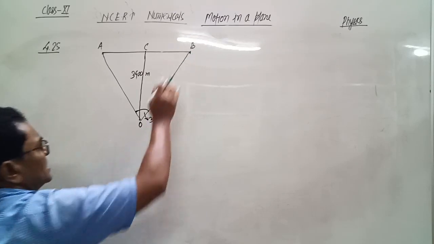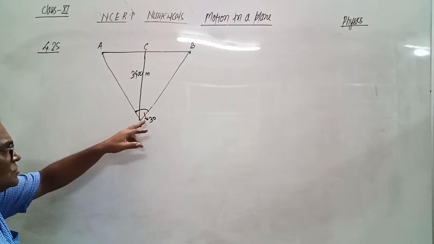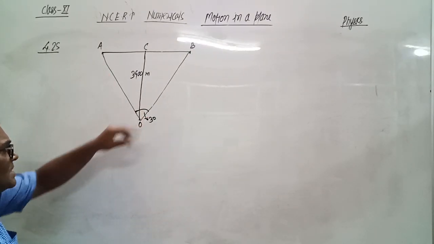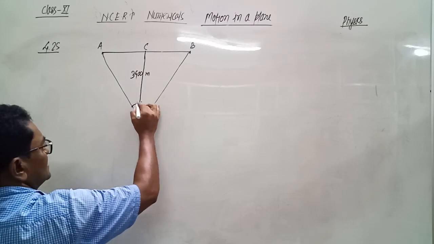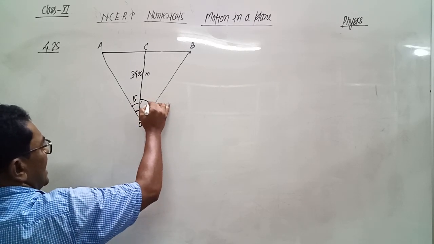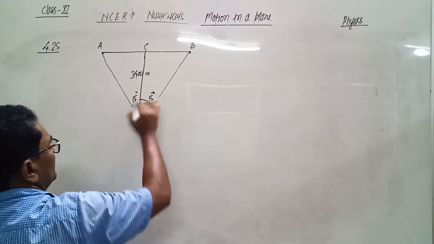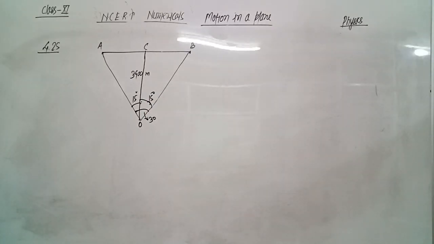When it is at position B after time t equals 10 seconds, the angle subtended is 30 degrees. It means this angle is 15 degrees and this angle is also 15 degrees, and OC is 3400 meters. Then find the speed of the aircraft.